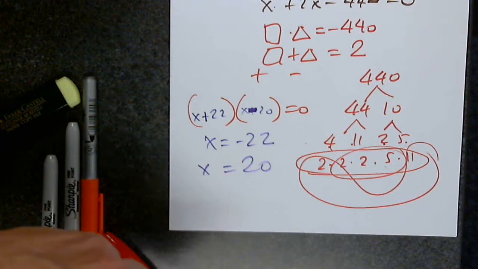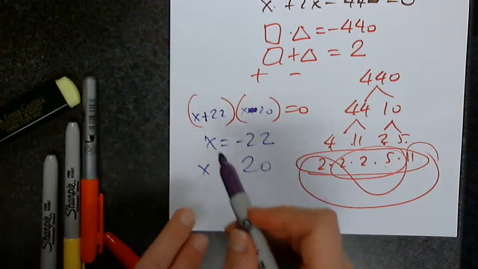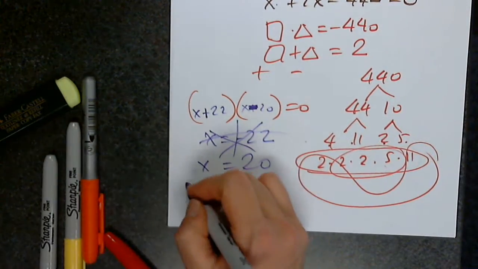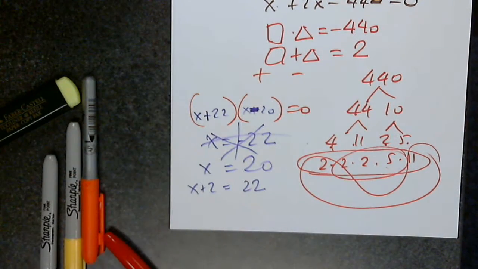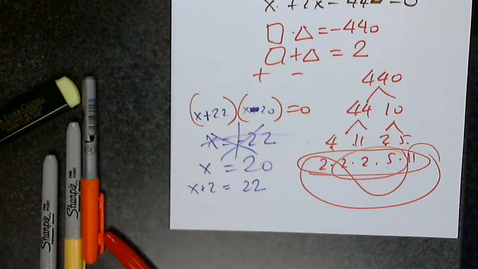However, I'm specifically told 2 positive even integers. So if x is 20, how much is x plus 2? 22. There was nothing wrong with negative 22, but I was specifically told positive. Otherwise, I would have accepted both solutions.